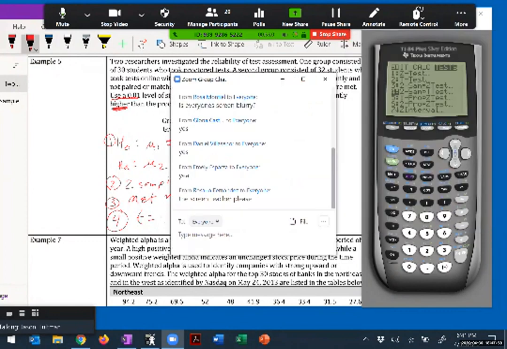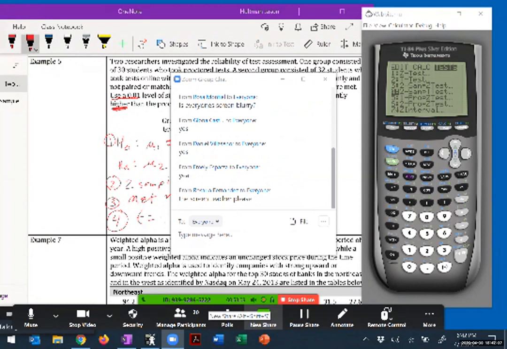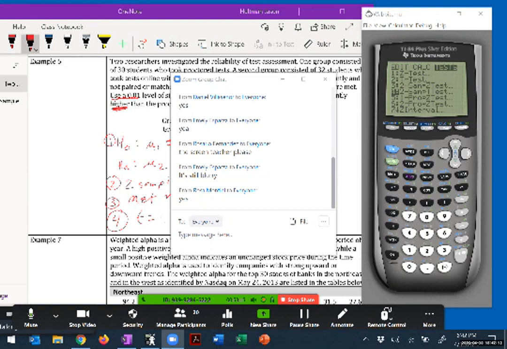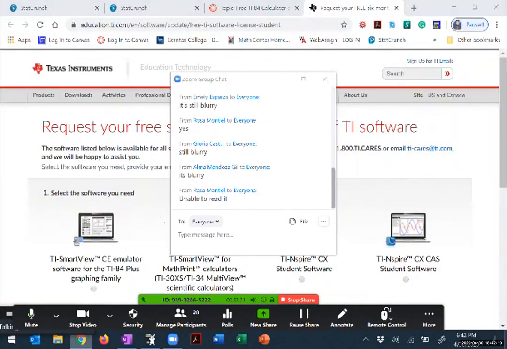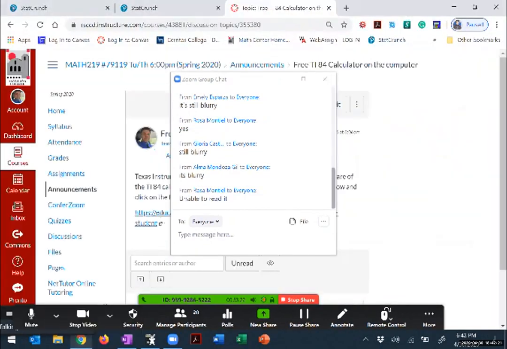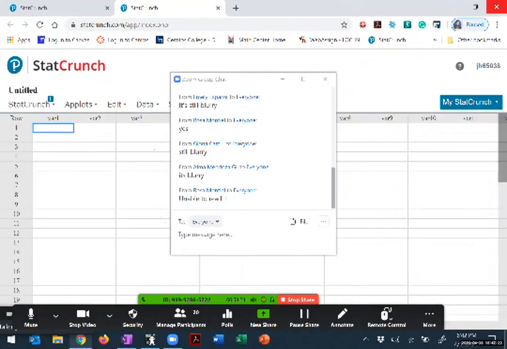The screen is still blurry? Okay. I'm going to get rid of StatCrunch then. Goodbye to StatCrunch.